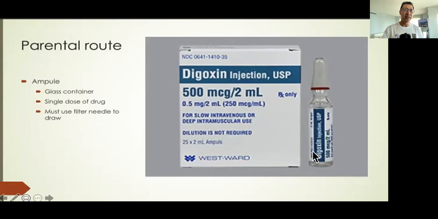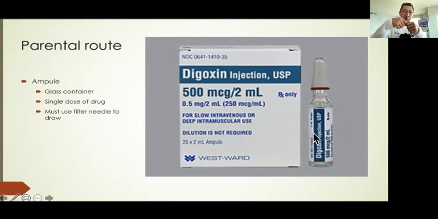Kind of dangerous, because I've known a few nurses who cut their fingers because of this glass bottle. There are also tools that we use to open it more easily. But in this case, one thing to remember is I am not going to use a blunt syringe or a regular needle to aspirate the medicine in this glass bottle.